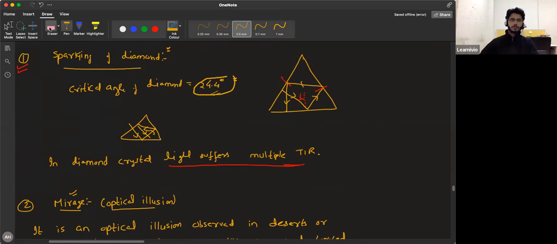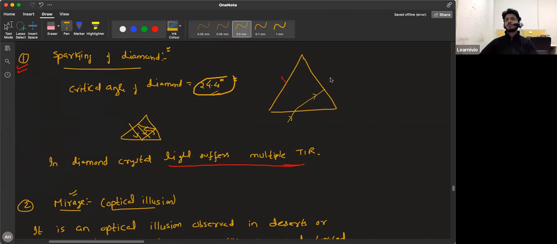So if you take example of this particular light ray, this light ray enters into the diamond. When it enters into the diamond, it gets refracted.